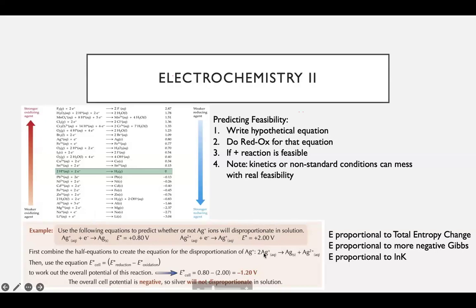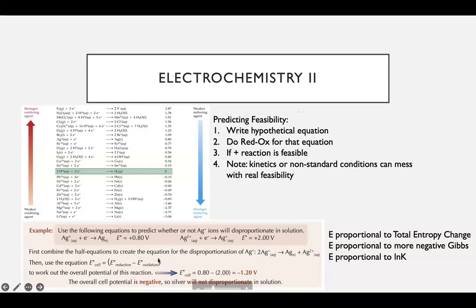So Ag+ must go to Ag(s) and be reduced, and must also go to Ag2+ and be oxidized. So the first step when you're predicting feasibility is to write out the hypothetical equation. So if Ag+ disproportionates, this is what the reaction equation is going to be.